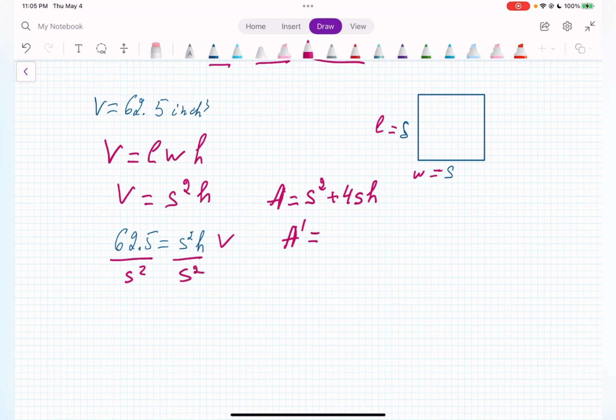So the result is going to be 62.5 divided by S squared is equal H. So from here, 62.5 divided by S squared, I am plugging into this area formula. Let me plug in first.